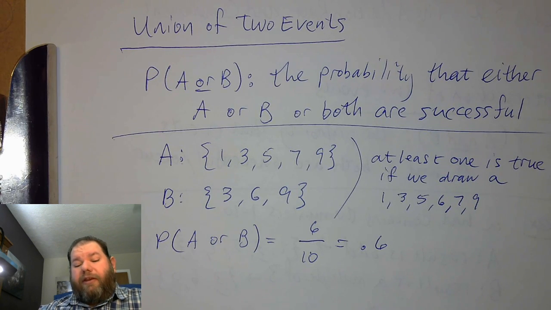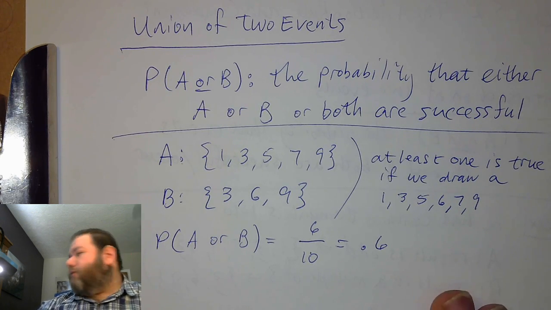Now, the nice thing here with the union of 2 events is that we have what's called the addition rule, which will make it a little bit easier to calculate exactly what this probability is going to be.